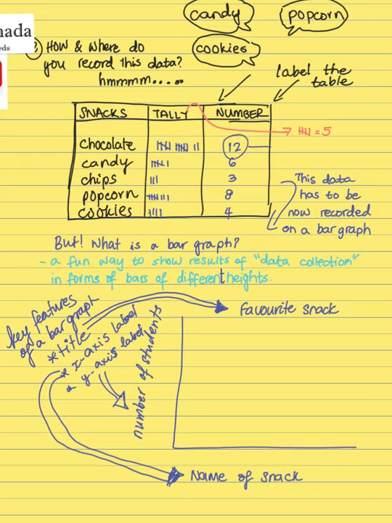So as we can see, chocolate is the most favorite snack, and that's going to be the tallest bar on this chart, and chips being the shortest and the least favorite will definitely have the shortest bar, right? I've put up the numbers on the side, and I'm going to put them in twos. So 2, 4, 6, 8, 10, 12.